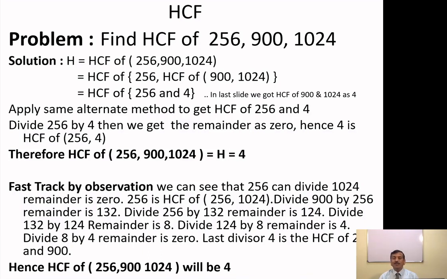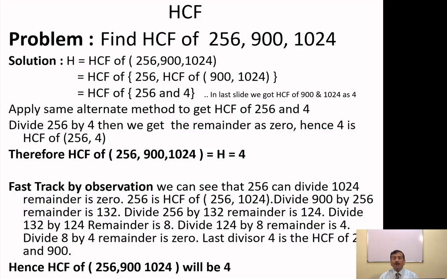So we get the HCF of 256 and 4. Apply the same alternate method to get the HCF of 256 and 4. Divide 256 by 4, then we get the remainder as 0. Hence 4 is the HCF of 256 and 4, and therefore the HCF of the 3 numbers 256, 900 and 1024 is equal to 4.